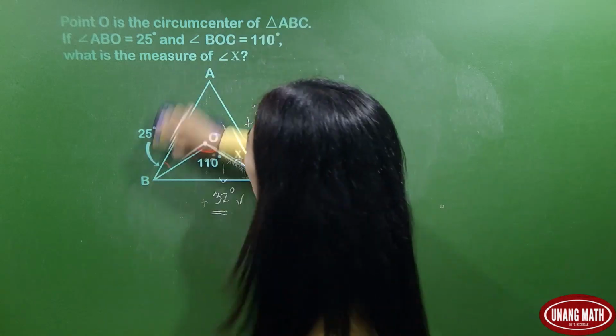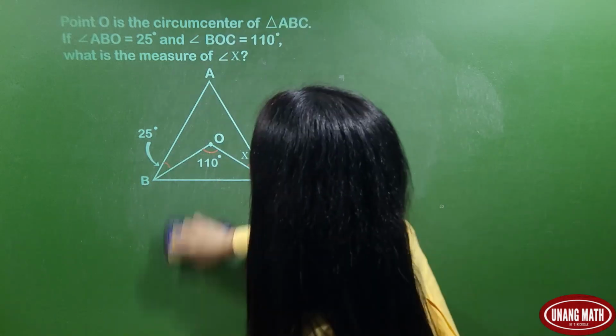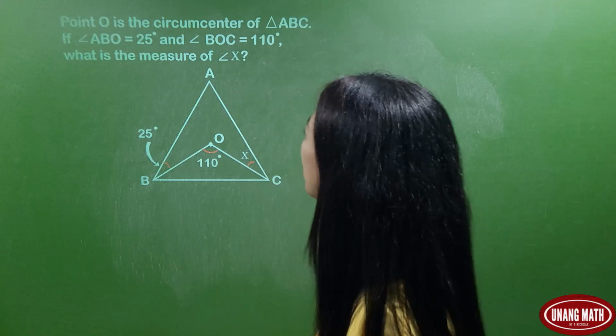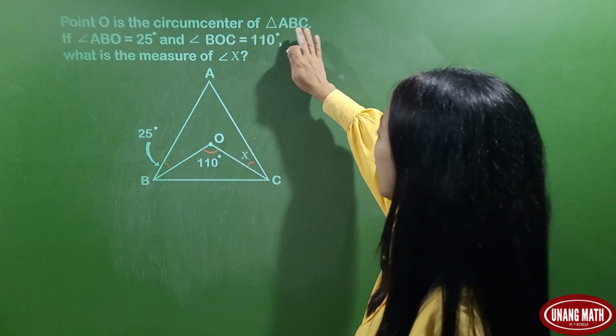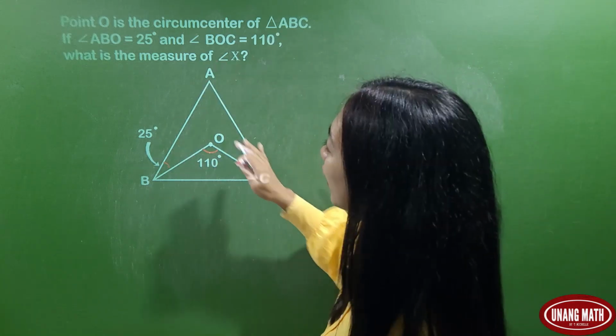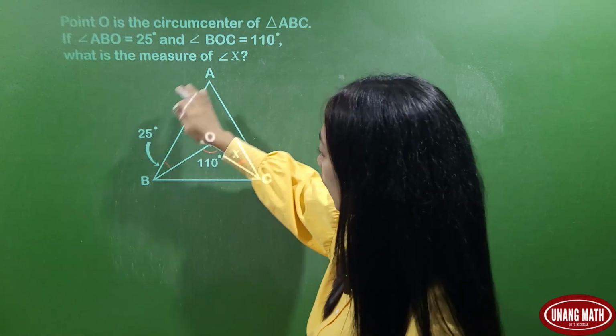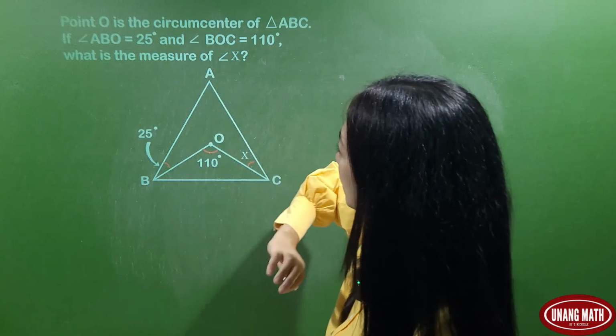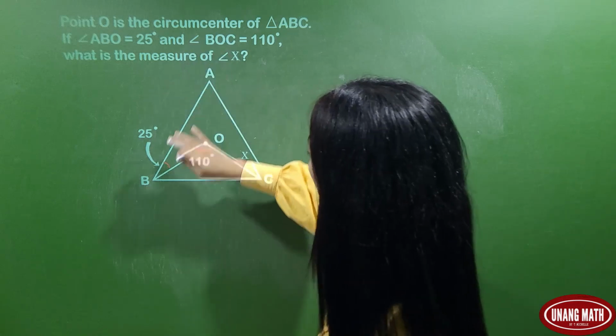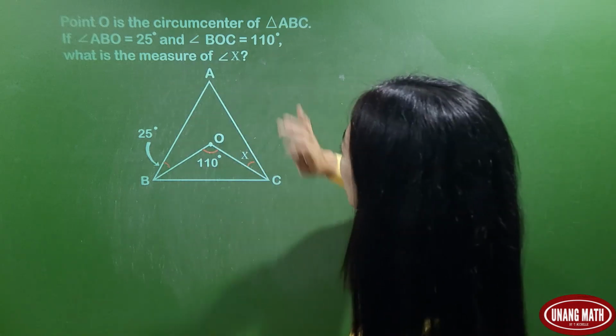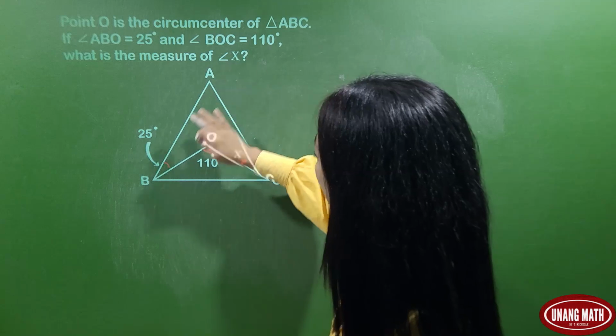Okay, and for the last question, let's also answer this one. Point O is the circumcenter of triangle ABC. If angle ABO is 25 degrees and angle BOC is 110 degrees, what is the measure of angle X?